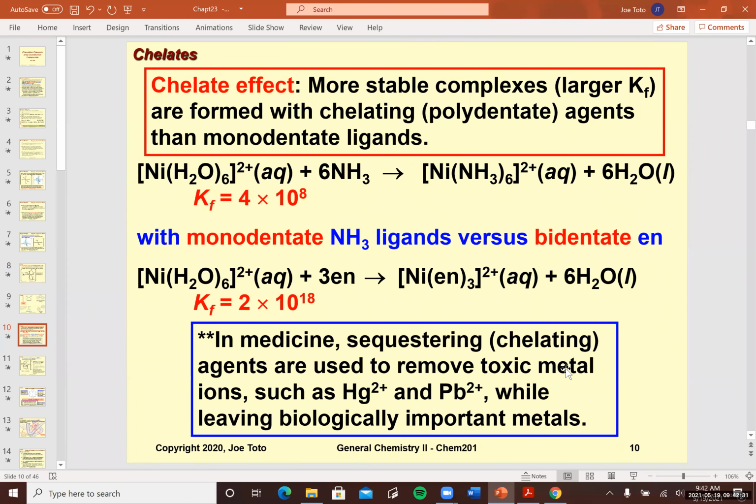We took a look at the chelate effect, which says when we look at monodentate ligands versus polydentate ligands, the polydentate ligands bind stronger to the metal, as evidenced by the higher equilibrium constants. That was the chelate effect. And so these are often referred to as chelating agents, these polydentate ligands, and they can be used in manufacturing of foodstuffs and also medicine.